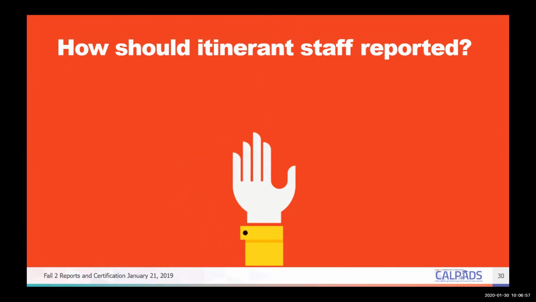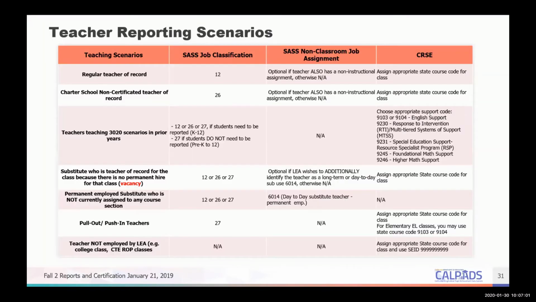Well, this year's different now, okay? This year, you report staff differently. If you look at the table, row 3 and row 6, these are the ways to report itinerant staff.